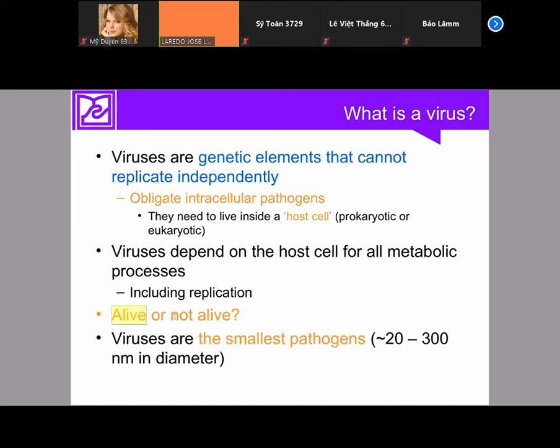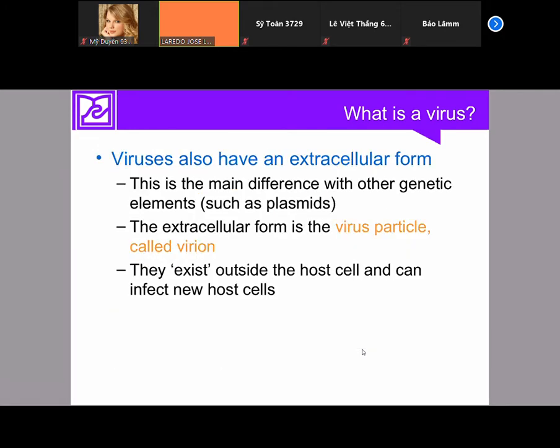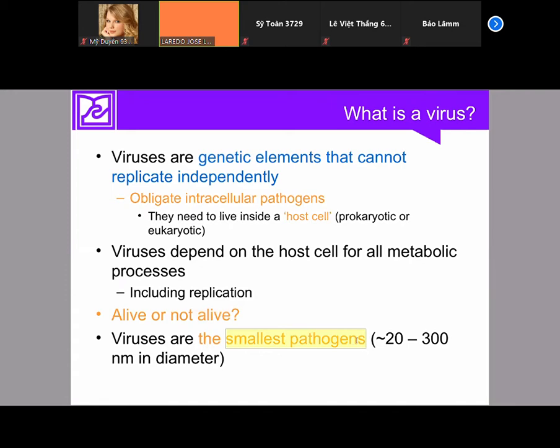I think it's better to say that they are not alive. They are just pieces of genetic information, and the only purpose of this genetic information is to replicate.